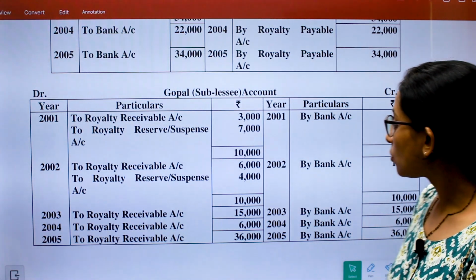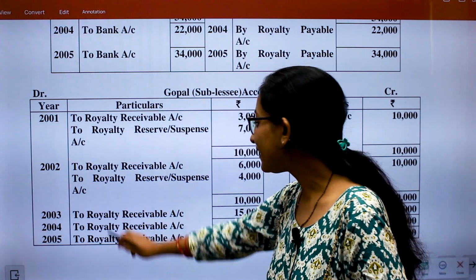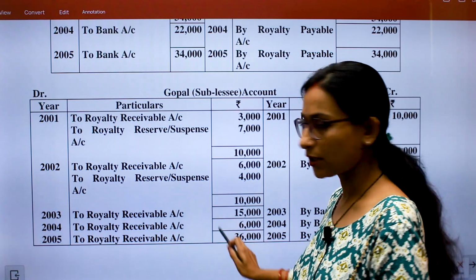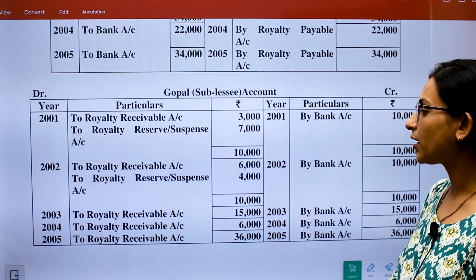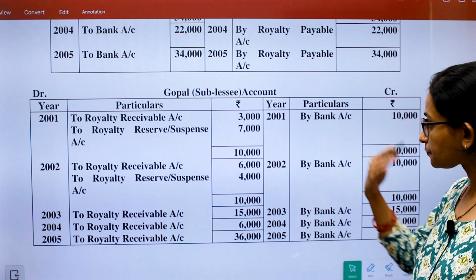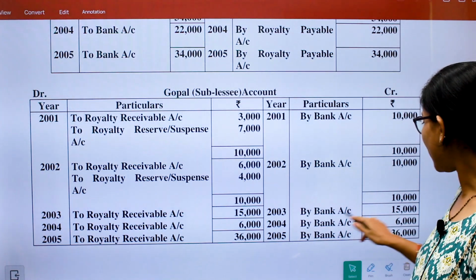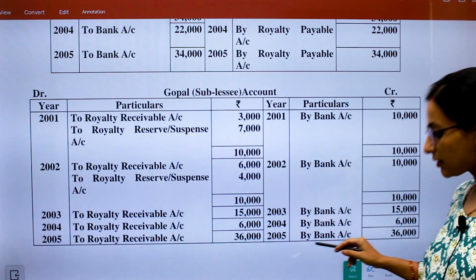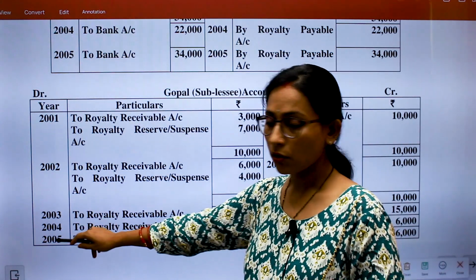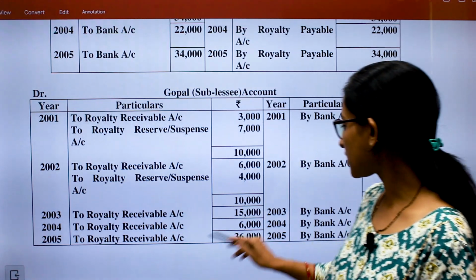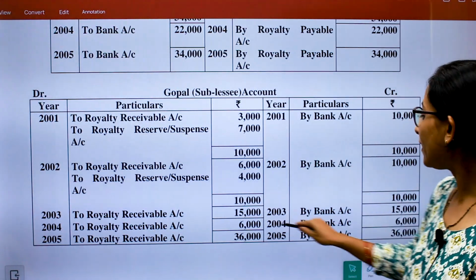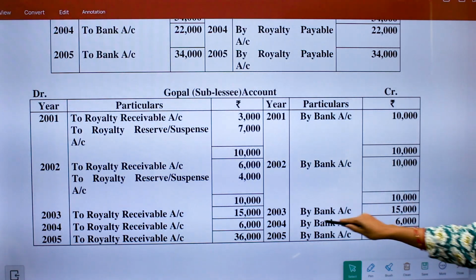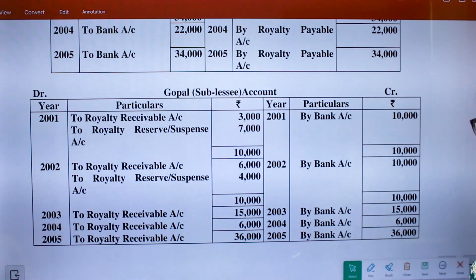In 2003, the royalty receivable amount, we have credited royalty receivable by 15,000 because Gopal has to pay 15,000 to Ram. So by bank, we have credited by bank with 15,000. In a similar manner, in 2004, the royalty receivable account is 6,000 and by bank the same amount has been paid. So on the credit side we have mentioned by bank account 6,000.